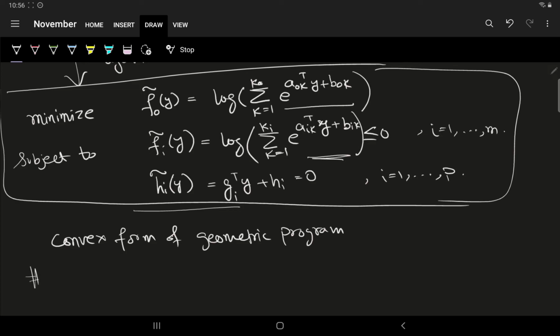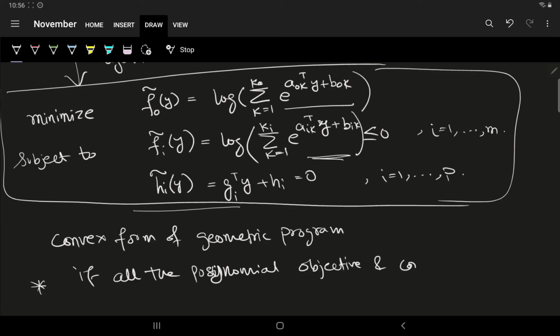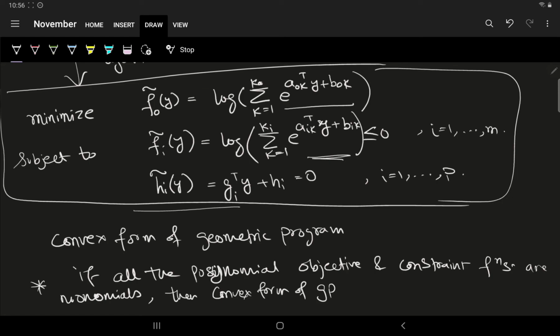So if all the polynomial objective and constraint functions are monomials, then the convex form of GP reduces to LP.